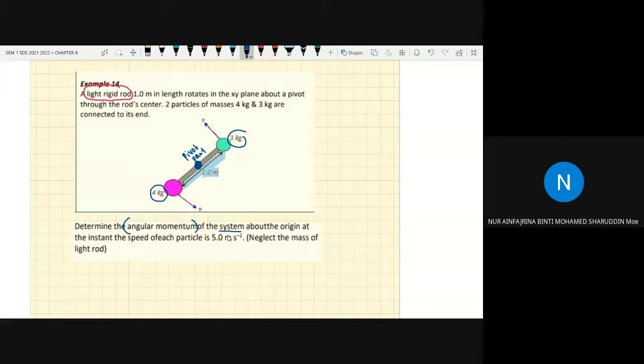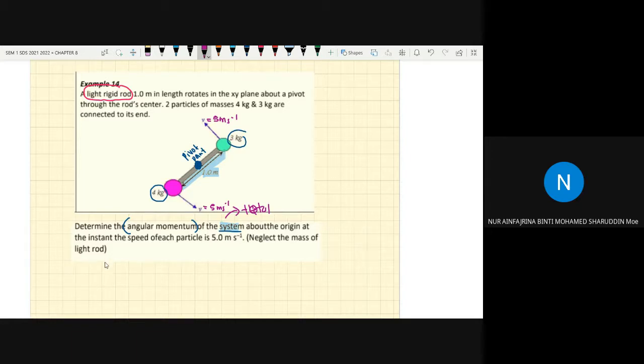Bila dia cakap system, dia nak the whole thing, total. About the origin at the instant, the speed of each particle is 5 meter per second. Speed of the system ni adalah 5 meter per second untuk kedua-duanya. Neglect the mass of the light rod.